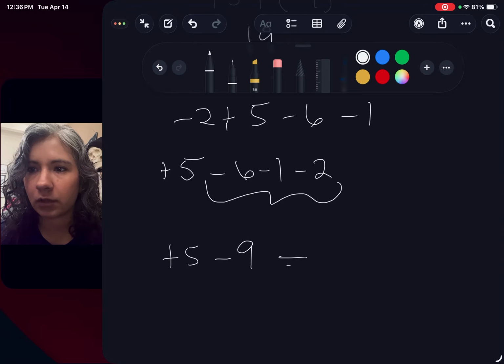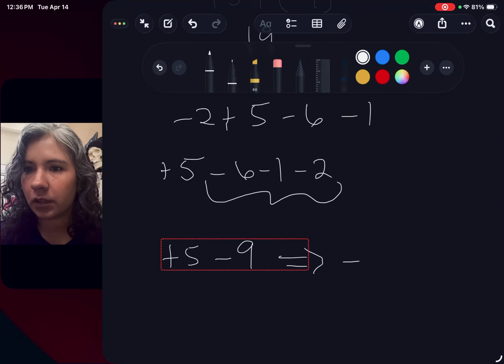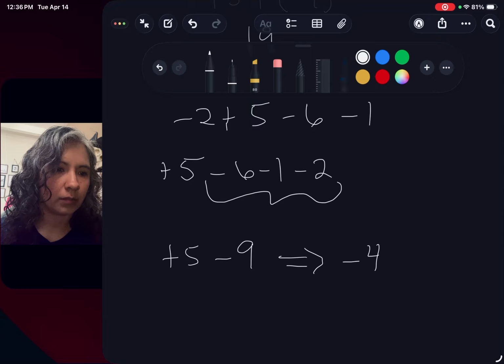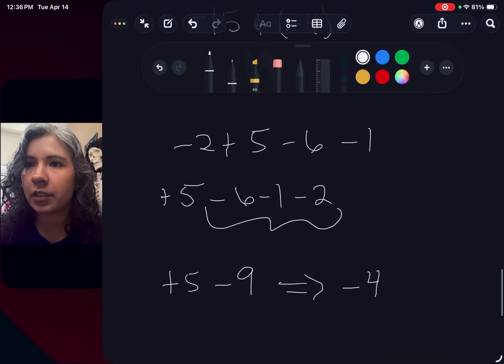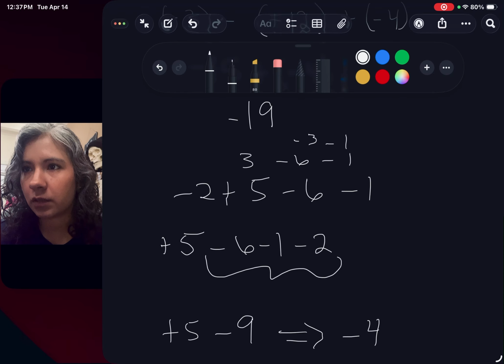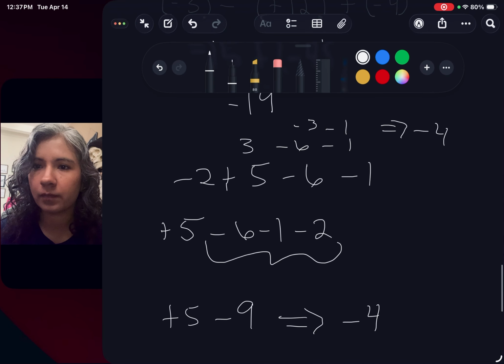All right, which goes to minus 4. So sometimes that helps, or like I said, going left to right. -2 plus 5 is 3, minus 6 minus 1. 3 minus 6 is minus 3, minus 1, which is the same as minus 4.